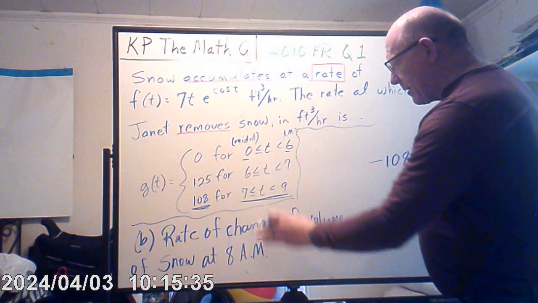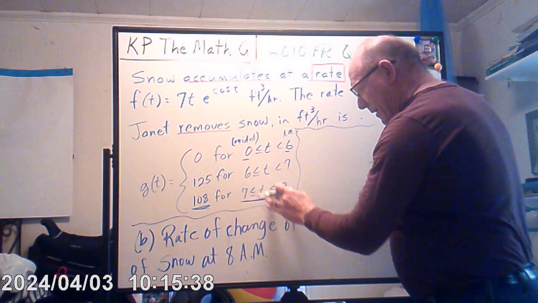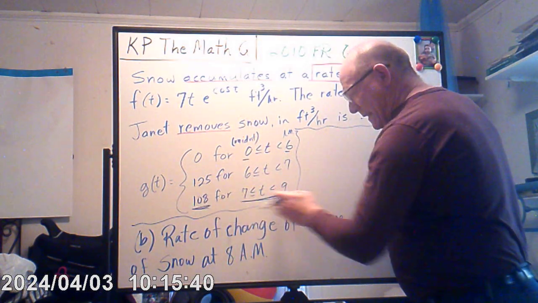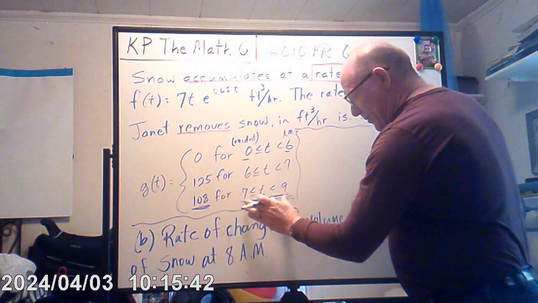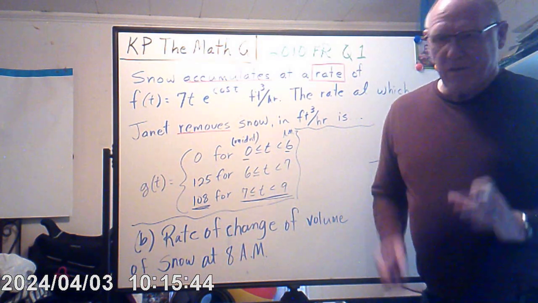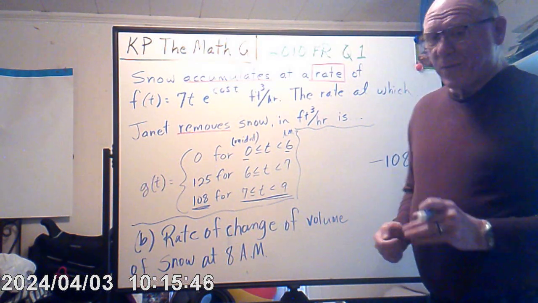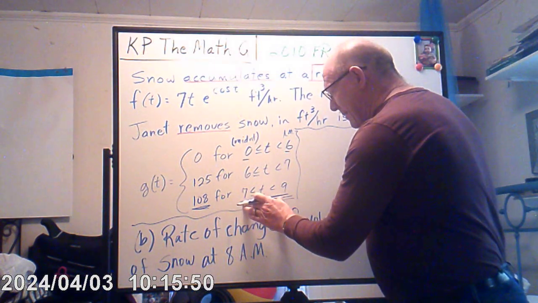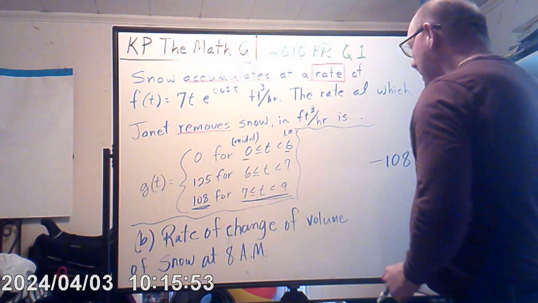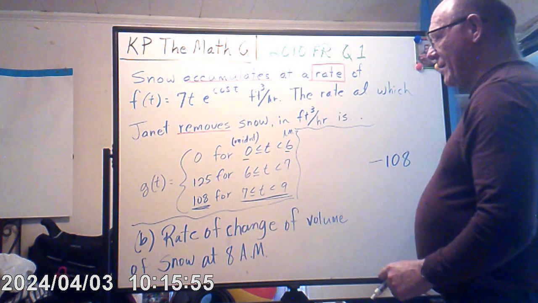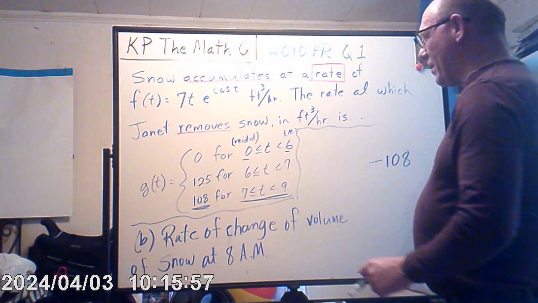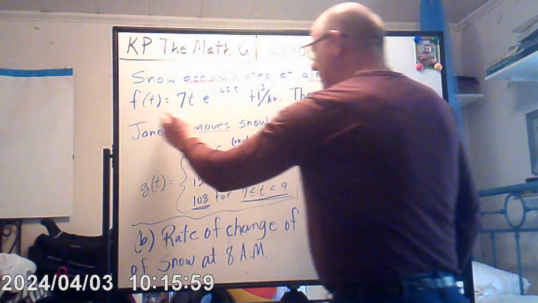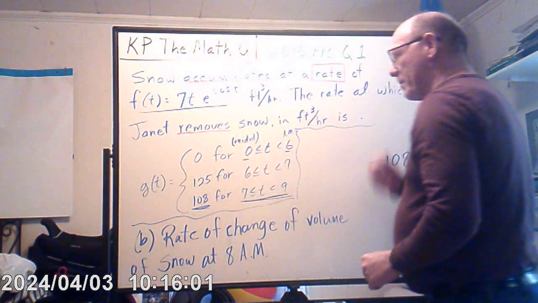We don't look at it from 0 to 8, just at this interval here. Be very careful about that. I had to think about it a little bit, and you just have to remember. Now that's the easy part right here. What we got to do is, since this is already a rate, we're going to use this right here.